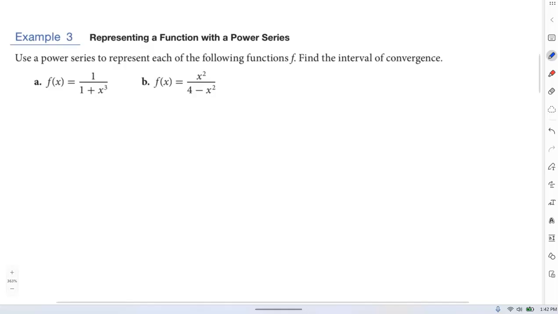So let's look at the next example. We want to use a power series to represent each of the following functions, and then we're going to find the interval of convergence for them. Do you remember back when we talked about geometric series?